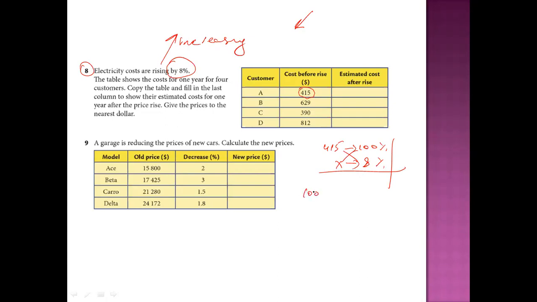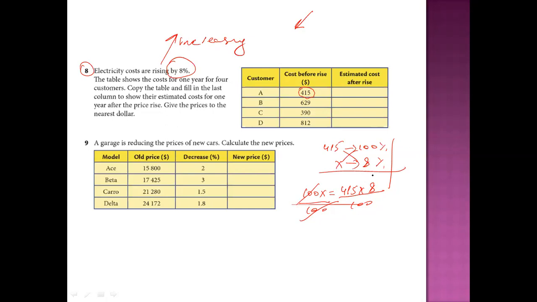Okay, I'm writing here 100x is equal to 415 times 8, and both sides we should divide by 100 because we need only x, and that's why we need to leave the x alone. Let's calculate with the calculator.